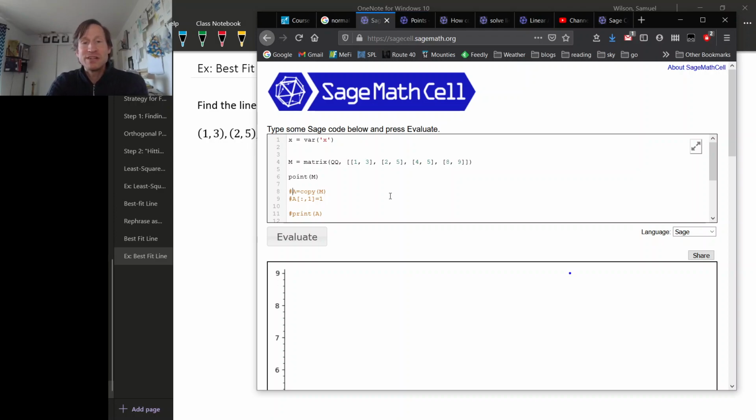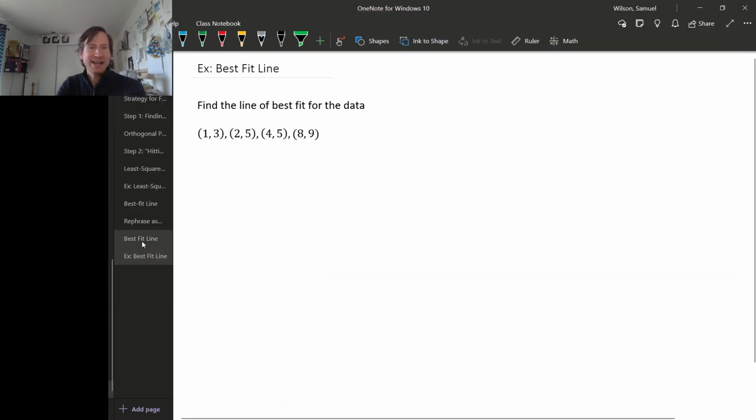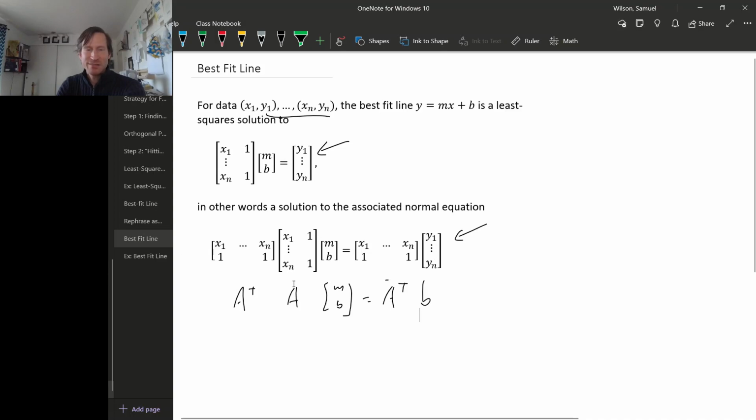first we need to build our matrix A, and that's what these two lines do. So I'm making a copy of the matrix M. I'm replacing its second column with all ones. So if we go back here, this matrix A is just this.